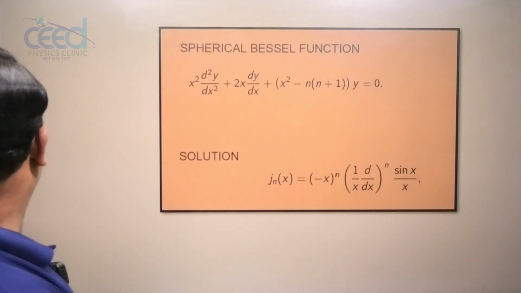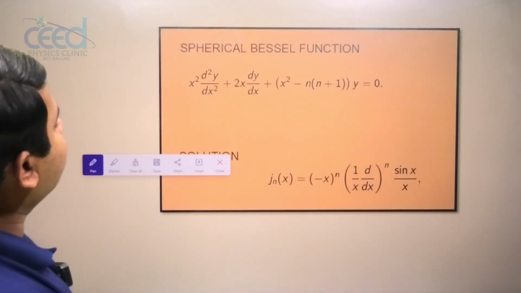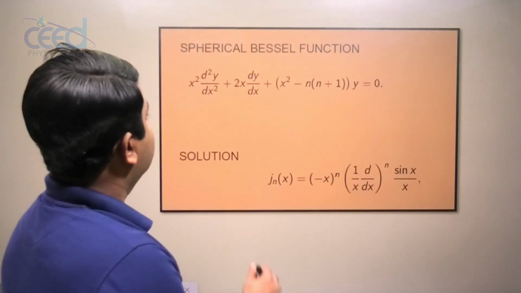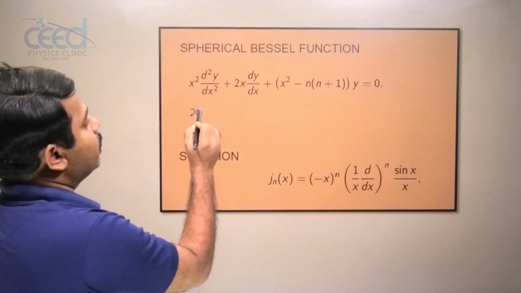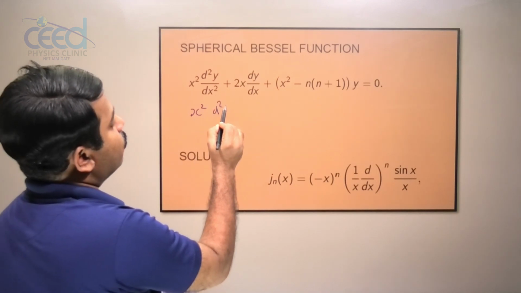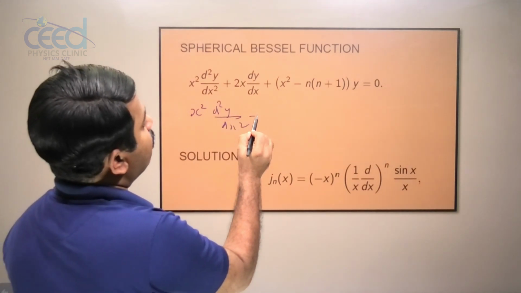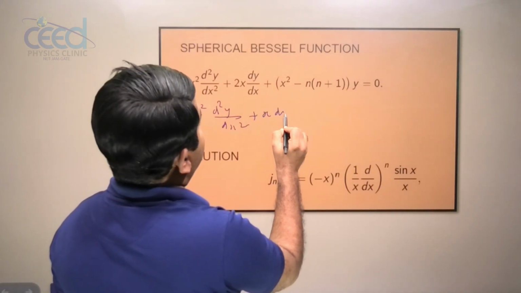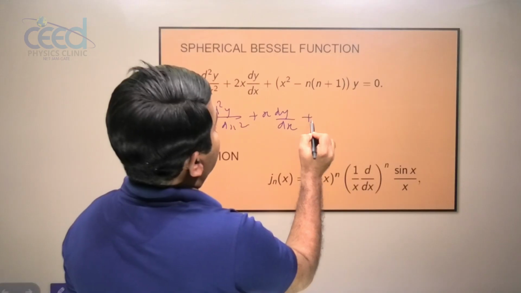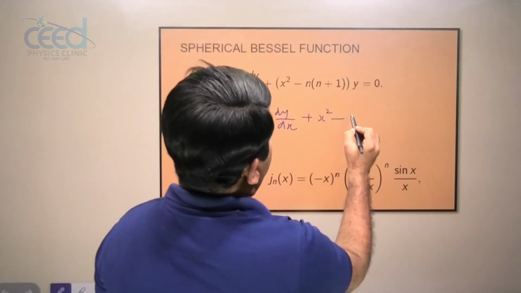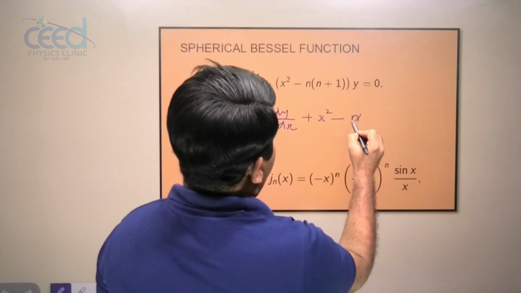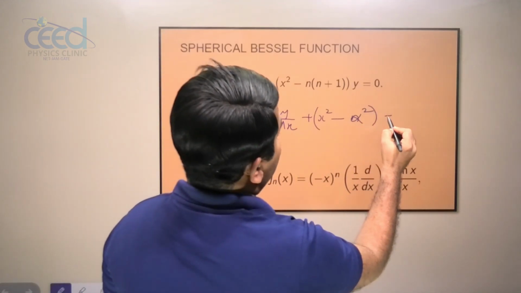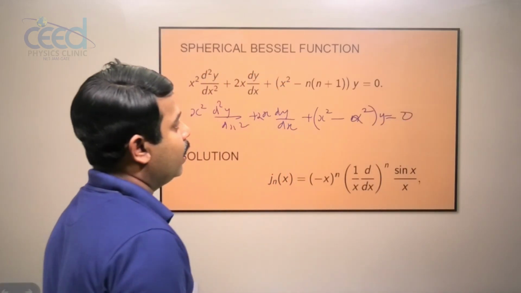Now, see, next is the spherical Bessel function, right. What we have seen, the general Bessel differential equation is x^2 d^2y/dx^2 plus x dy/dx, right, plus (x^2 minus alpha^2) into y equal to 0, right.